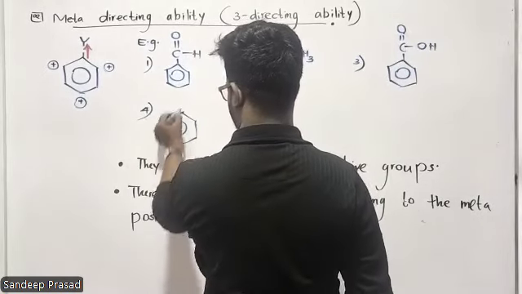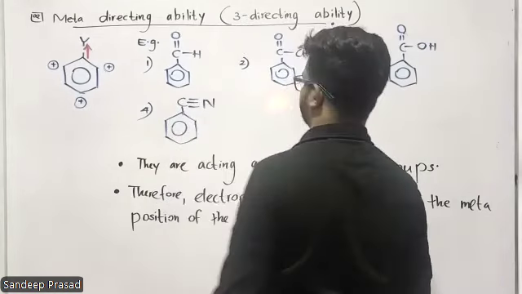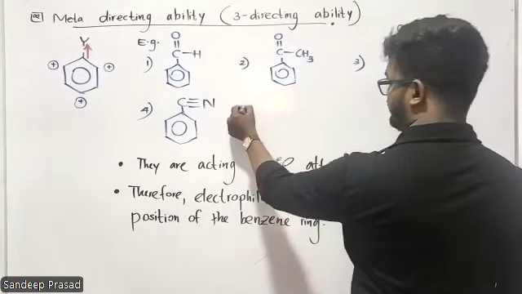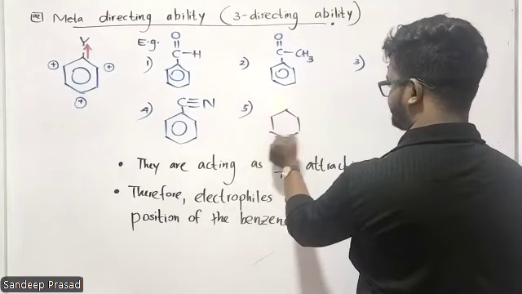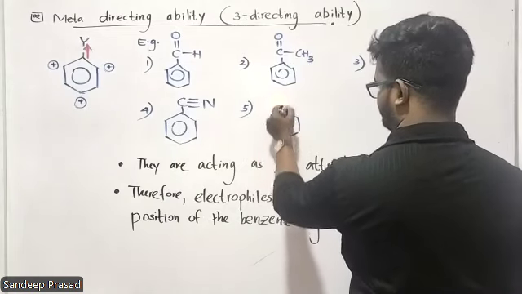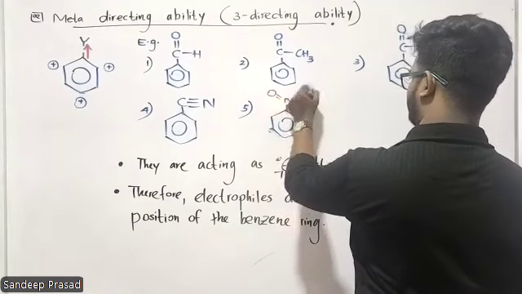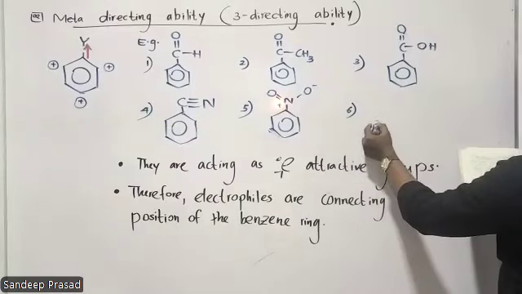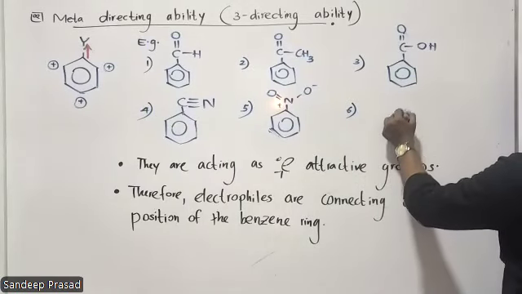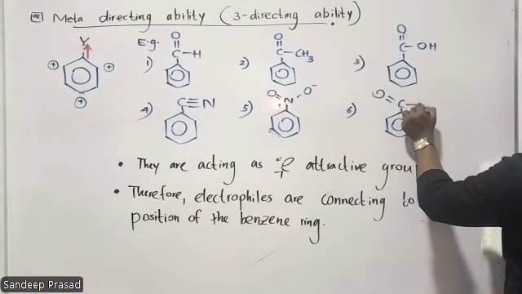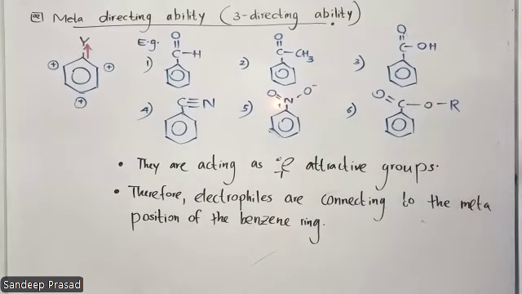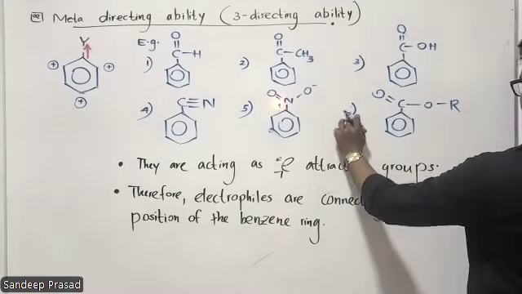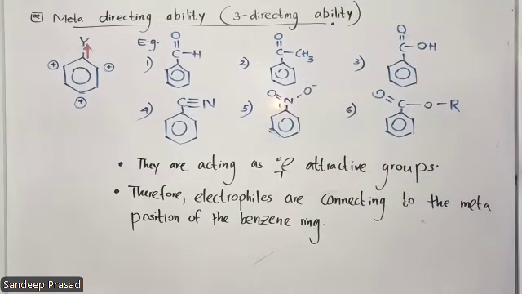Cyanobenzene, carbon triple bond. Nitrobenzene, NO2. If there is a double bond in the atom which is directly connected to the benzene ring, definitely it should be a meta-directing group.